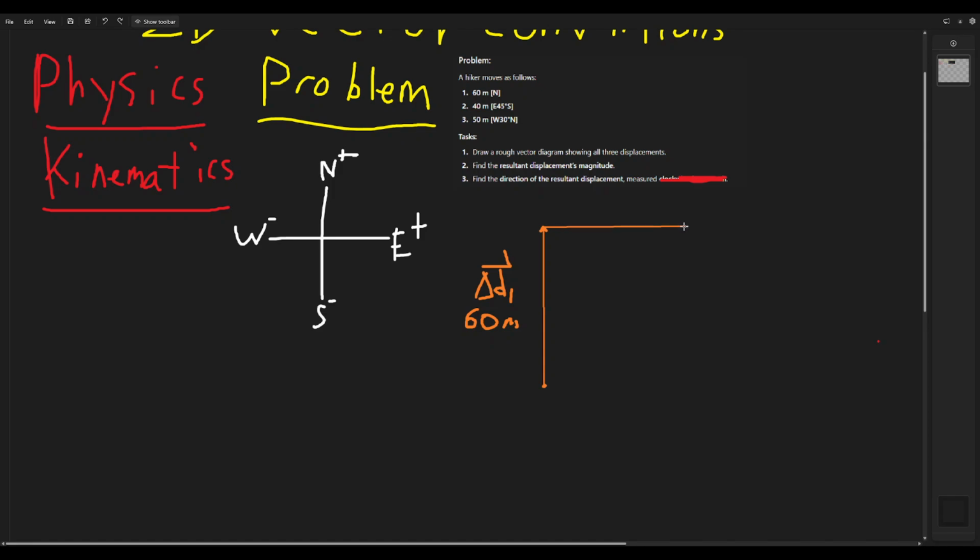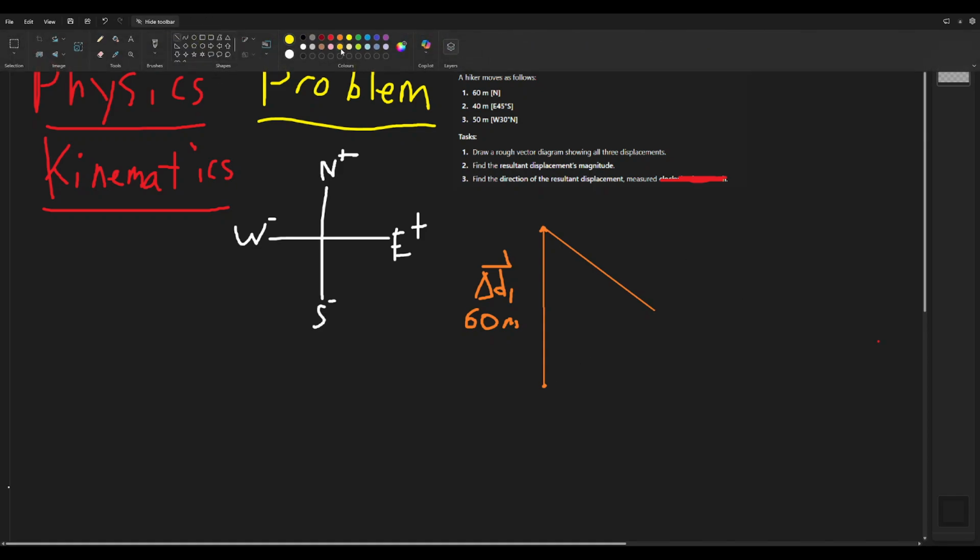Oh wait, no, look at east, and then the angle would be on the outside. 40 meters, so the line's gonna be a bit shorter than the 60 meters, so about there.